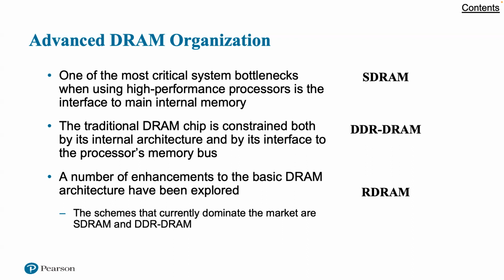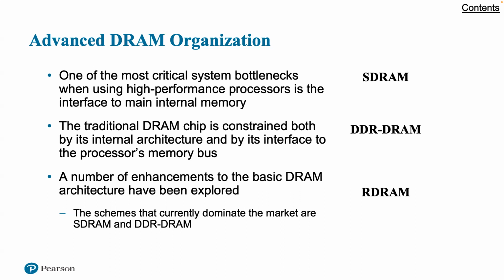We have seen that one attack on the performance problem of DRAM main memory has been to insert one or more levels of high-speed SRAM cache between the DRAM main memory and the processor. But SRAM is much costlier than DRAM, and expanding cache size beyond a certain point yields diminishing returns.